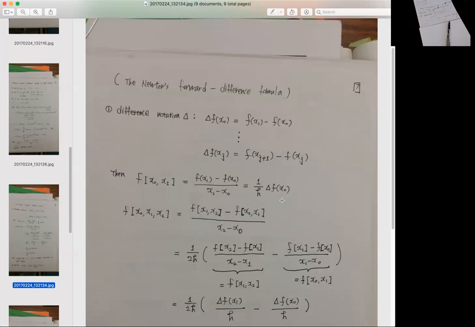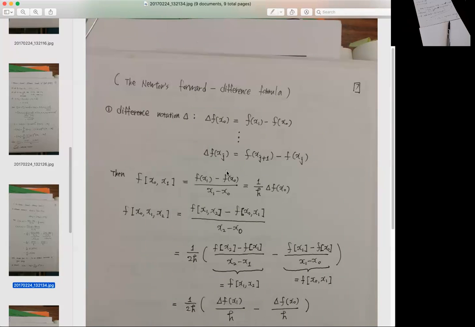So now then, we could express the divided difference using the difference notation nabla. The definition of the divided difference f of the bracket x0 x1 is what? F of x1 minus f of x0 over x1 minus x0. But look at the numerator, f of x1 minus f of x0.